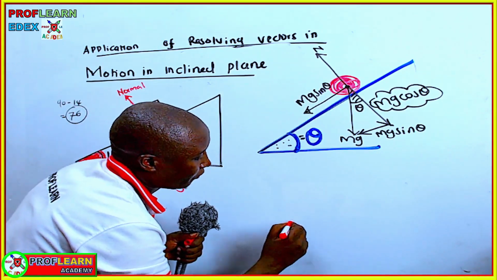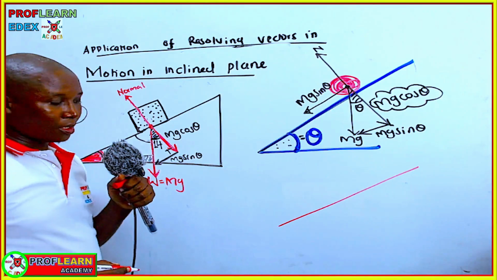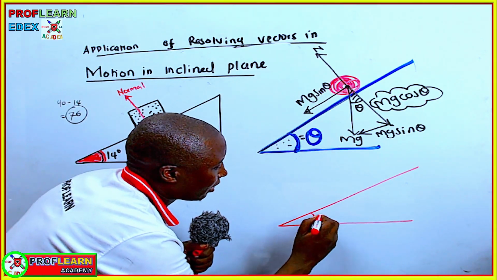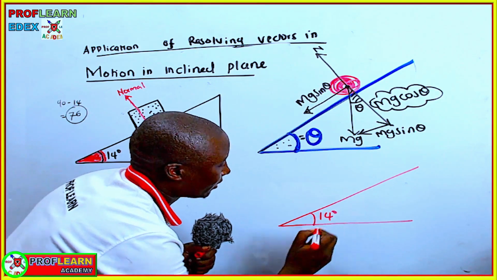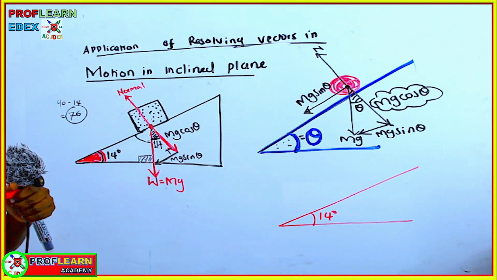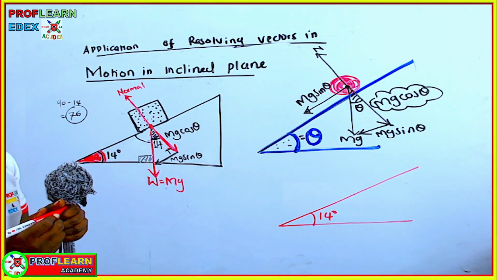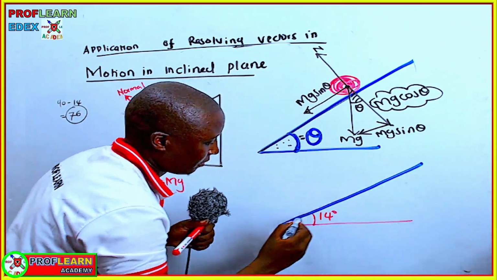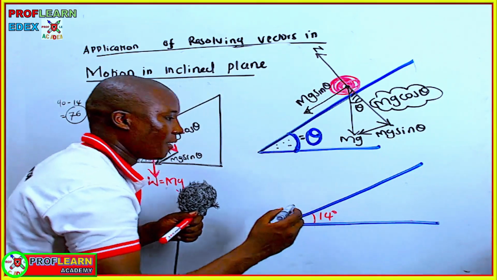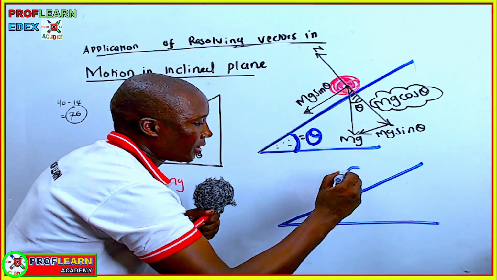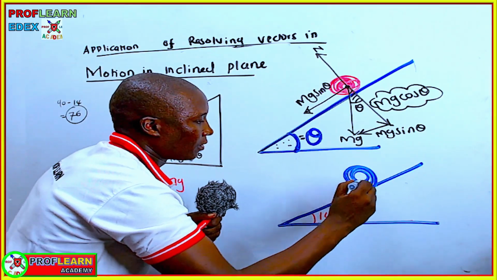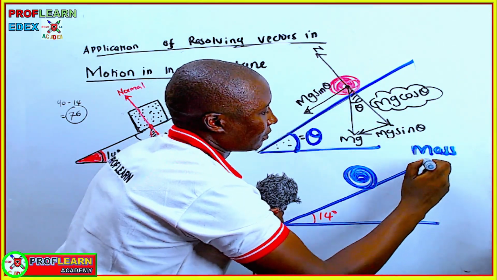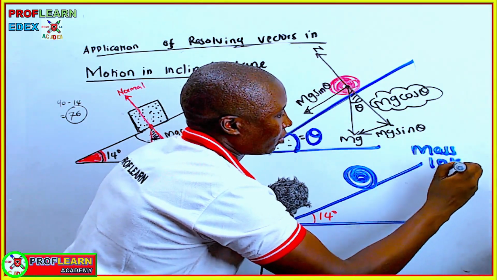If we have an object on the inclined plane whereby this angle is 14 degrees, let me use a marker that is quite visible. This is the inclined plane, and this is 14 degrees. And then we have an object of mass 10 kilograms.